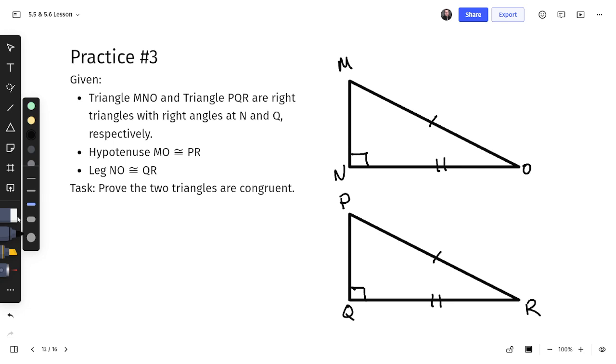Therefore, we have a hypotenuse and a leg of a right triangle that are congruent in each case. So by the HL theorem, triangle MNO is congruent to triangle PQR.